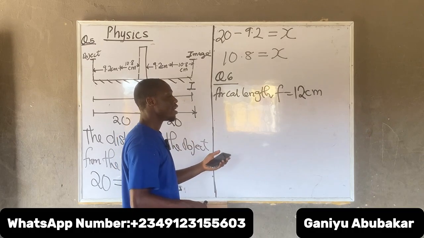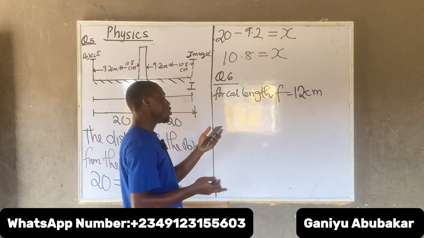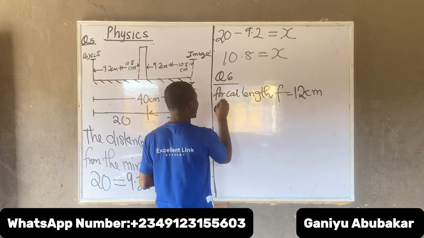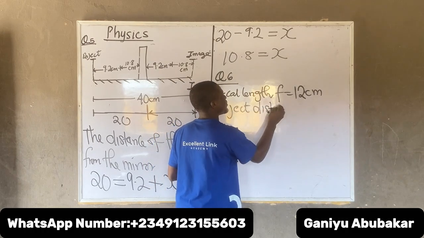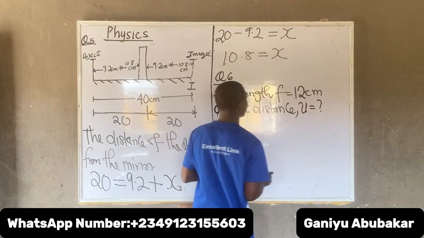That's object distance, that's u, is unknown, right?